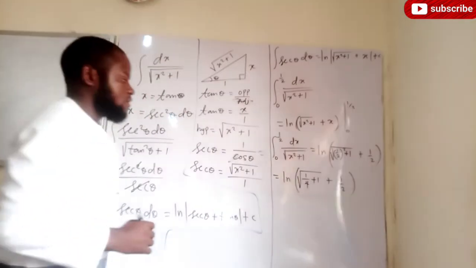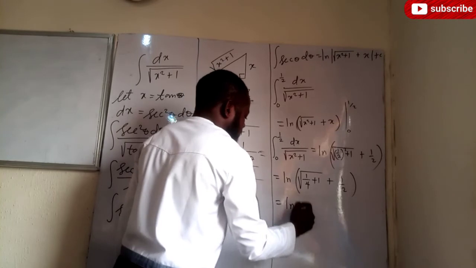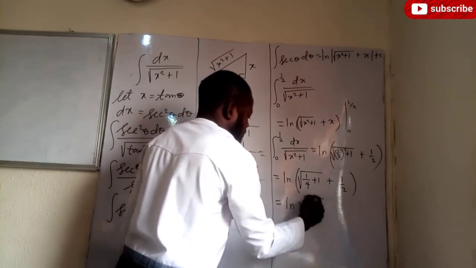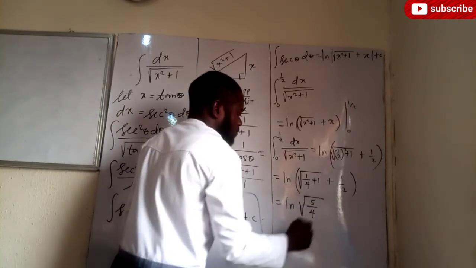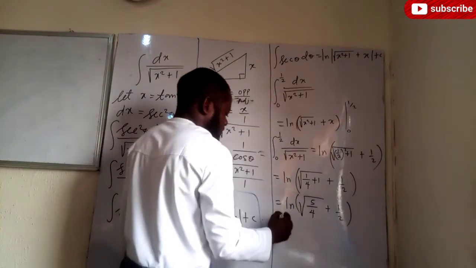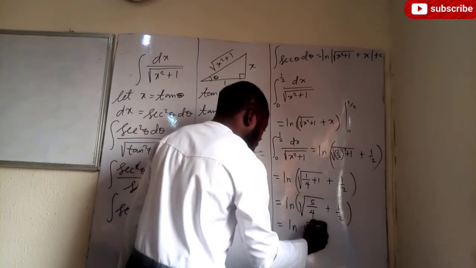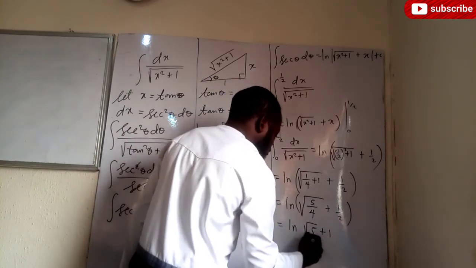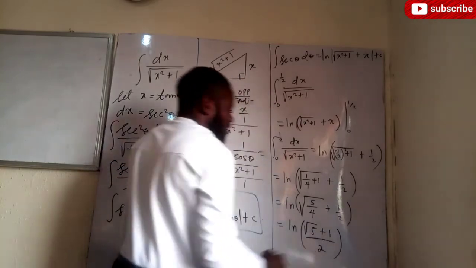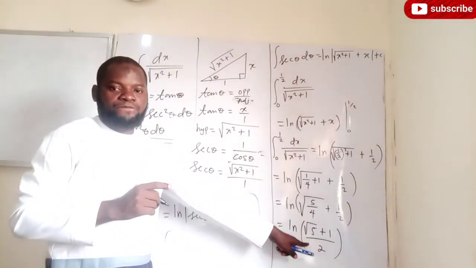This is equivalent to the ln of square root of 5 over 4, plus 1 over 2. So this is the same thing as the ln of the square root of 5 plus 1 divided by 2. And this is the golden ratio.